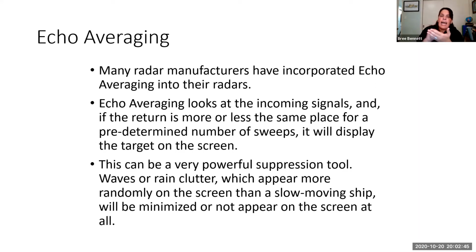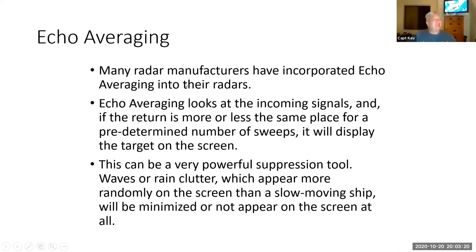It's basically averaging out where you're getting these very weak signals to give you a bigger signal. So it's essentially doing what the trail is. I like the trail because it gives you that two-tone, so you can see what its history was and what its current position is. Echo averaging is just going to average it out and give it to you as that green or bold return or echo pip on the screen.